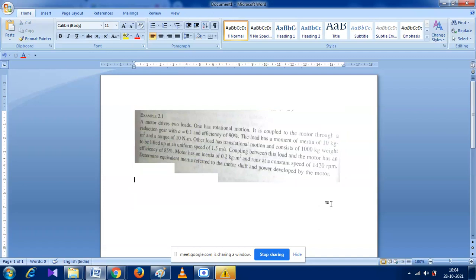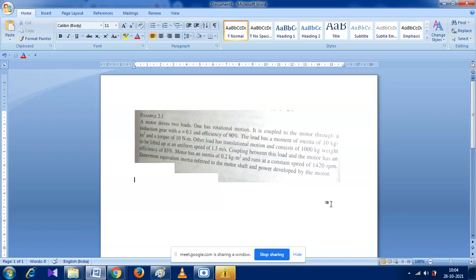One has a rotational motion and it is coupled to the motor through a reduction gear with A equal to 0.1 and efficiency of 90%. The load has a moment of inertia of 10 kg meter square and torque of 10 Newton meter.